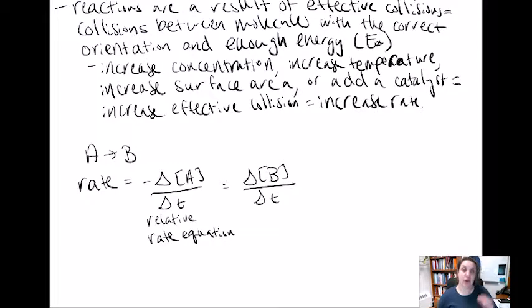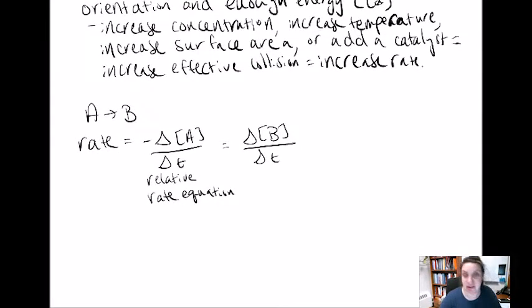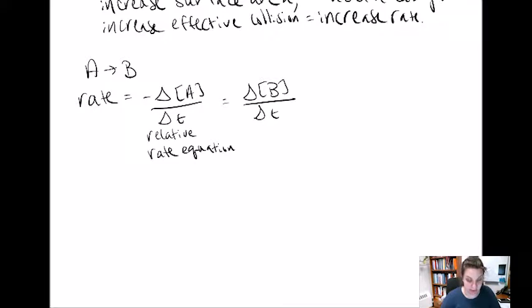So you're looking at two concentrations at two different times to determine the relative rate. You'd be given data to put into this to figure that out. This is assuming we have a 1-to-1 mole ratio.